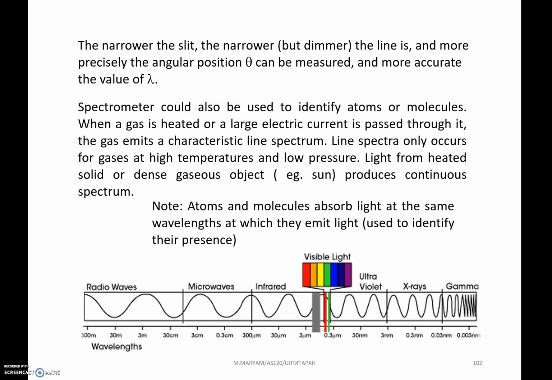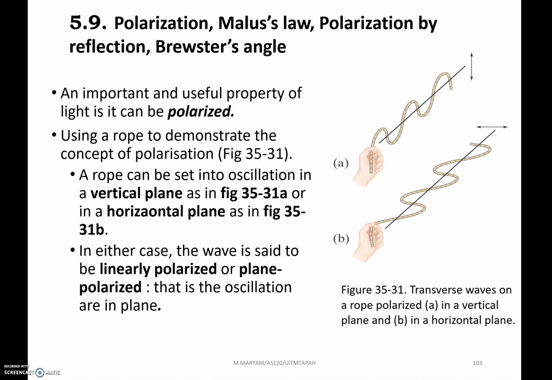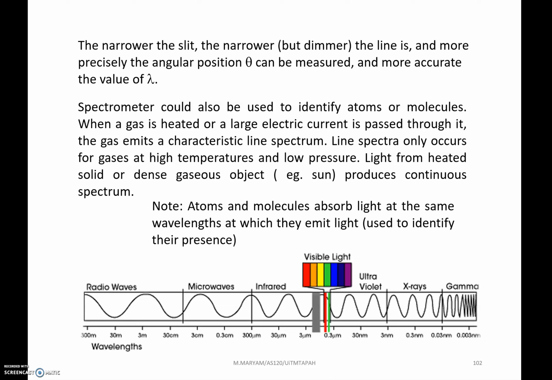The narrower the slit, meaning the smaller the opening for the light coming in, the narrower but dimmer the line is. It can also be used to identify atoms or molecules. When a gas is heated or a large electric current is passed through, the gas emits a characteristic line spectrum. It only occurs at high temperature and low pressure. So there are many useful purposes of using the spectrometer. I want you to go through it and understand the mechanism behind it.